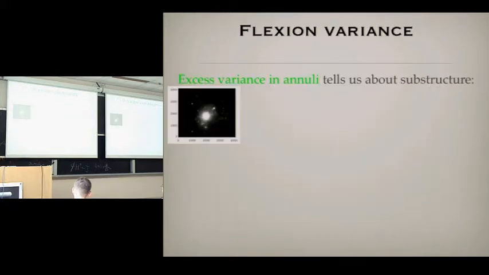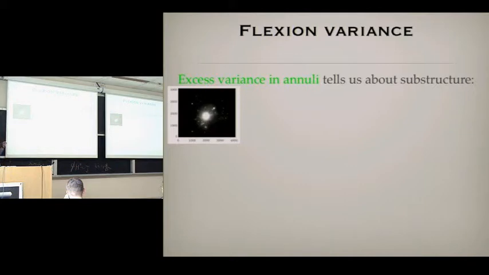There's another thing you can do in a galaxy-galaxy lensing context that I'm quite excited about, but this needs an awful lot more work. And that's the idea of looking at the excess variance of the flexion in annuli around the galaxies.